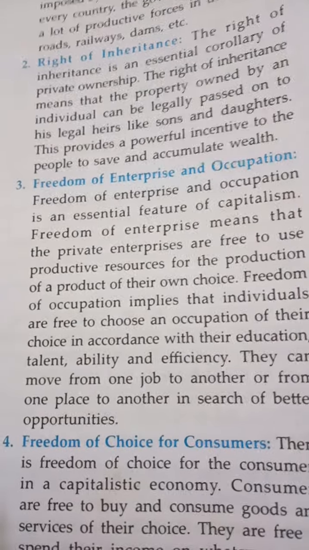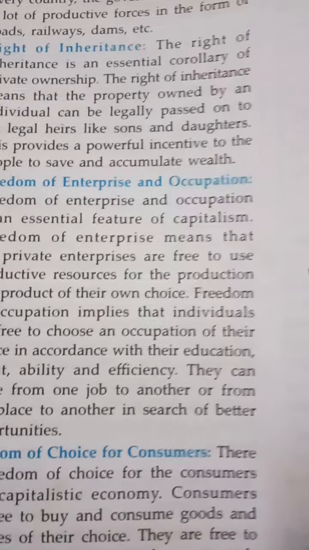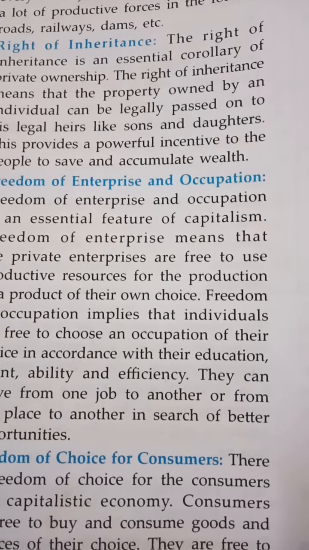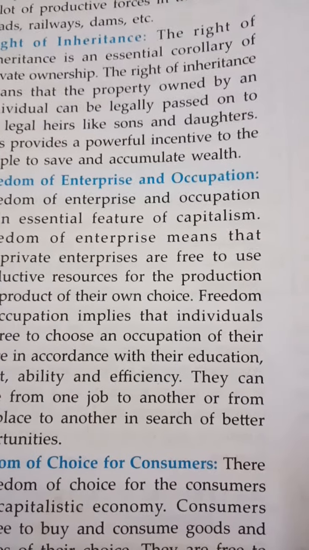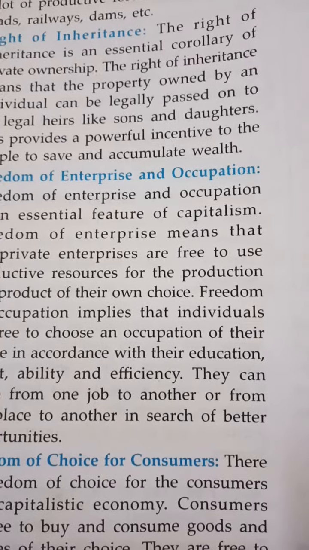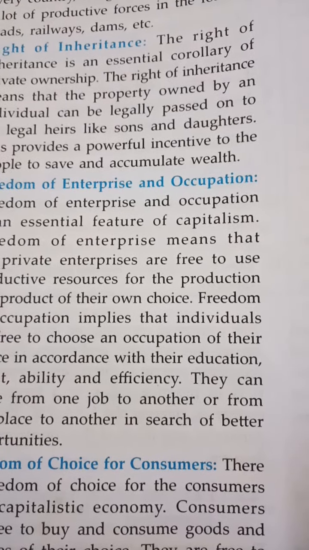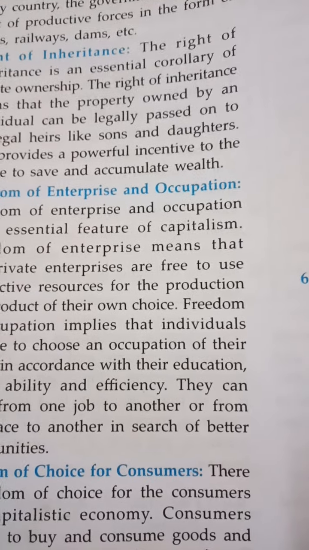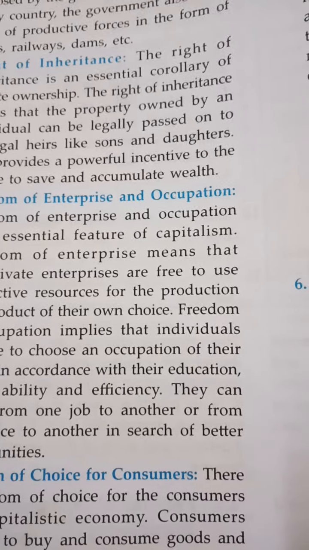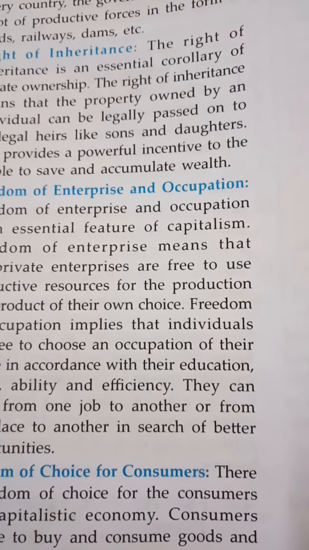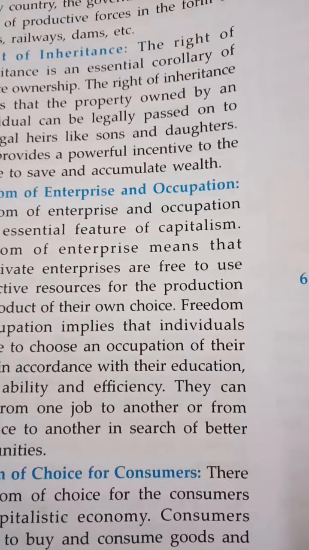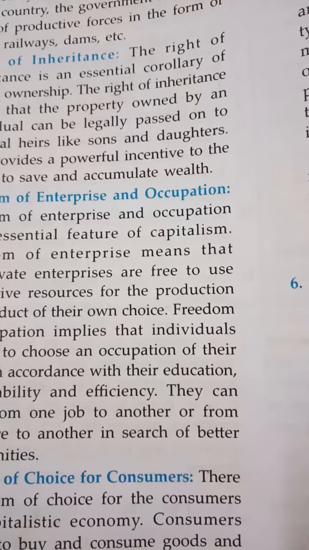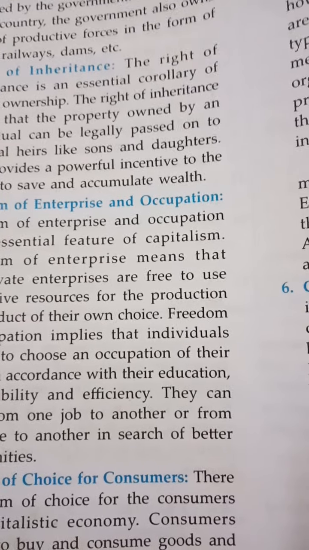The third feature, freedom of enterprise and occupation. Every individual in a capitalistic economy has got the freedom to produce whatever they like. There is no one to restrict them. There is no one to dictate to them. The producers are very free to carry on their productive activities, to produce whatever they like, to produce how much they like, to take the initiative and start an enterprise.